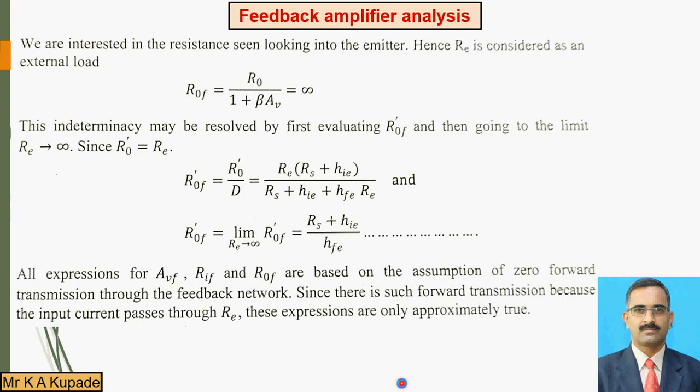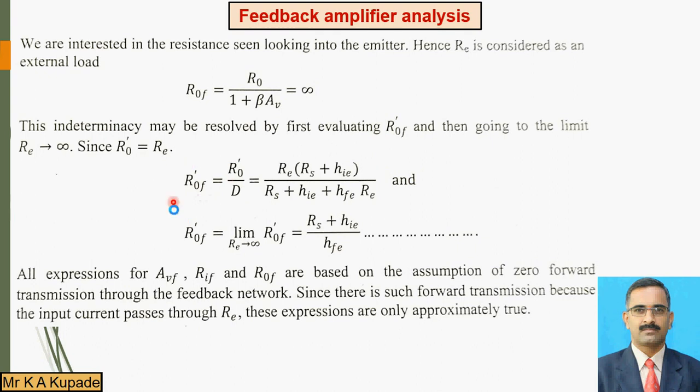This indeterminacy may be resolved by first evaluating R dash naught F and then going to the limit where RE is considered as infinity, since R dash naught is equal to RE, right? Due to this R naught F, this R dash naught is equal to RE.